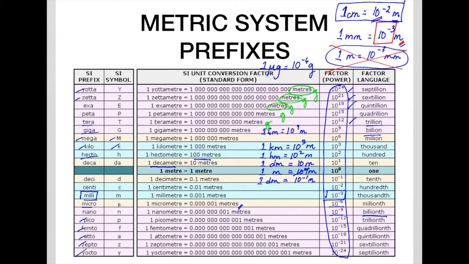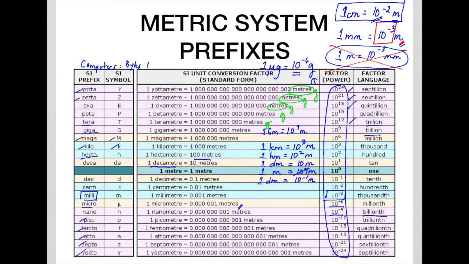Now, take note again that the 10 raised to something is always with a base unit. Let me give another example, another base unit. This time, we will talk about computers. And usually, we use bytes.